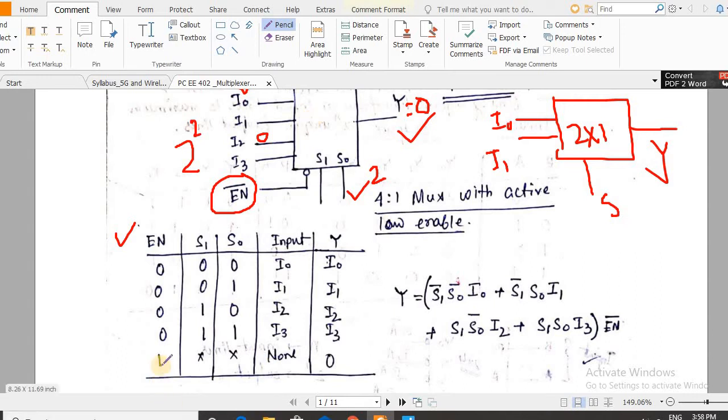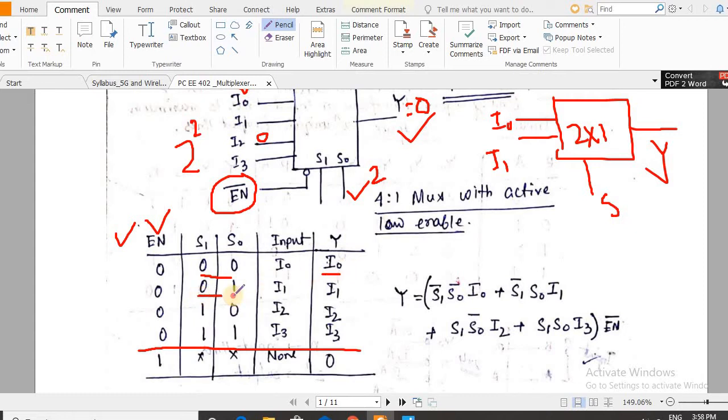So if we look into this characteristics table, truth table, obviously the enable should be 0 to activate this mux. Then when S1 and S0 both are 0, the output will be equal to I0. That means whatever information is available at I0 will appear at the output.